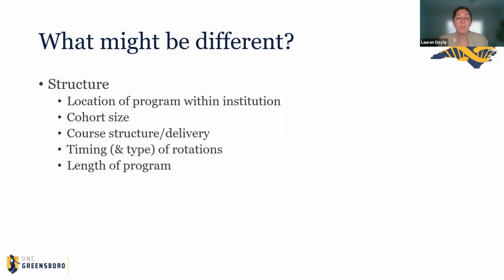Others, like ours, start with observational rotations right away and build rotations as the skills are built. So moving from observations to initial experiential interactive rotations like pedigrees in the spring of the first year, and then moving into full-time rotation opportunities in the summer.